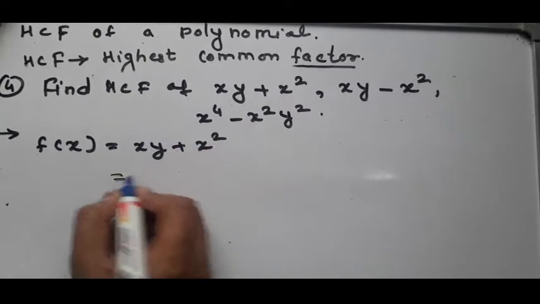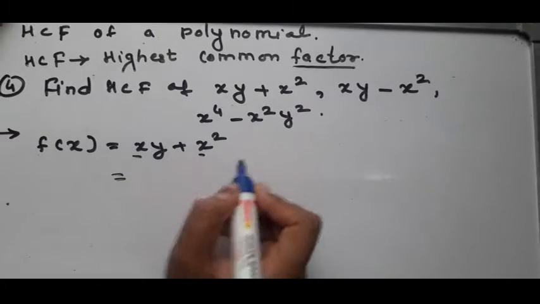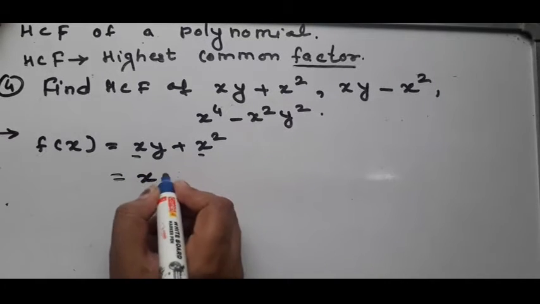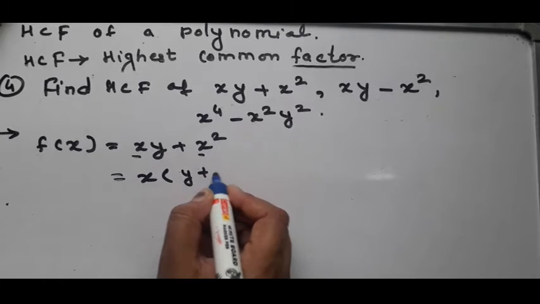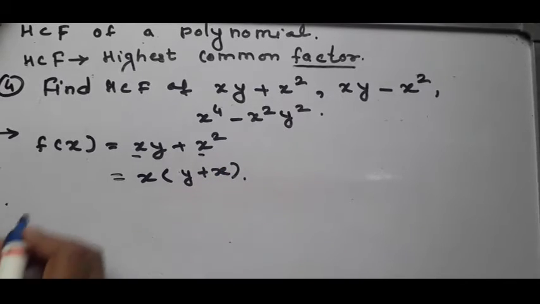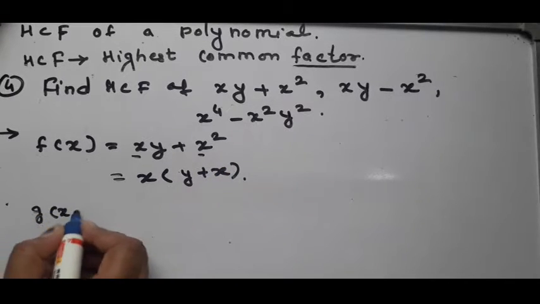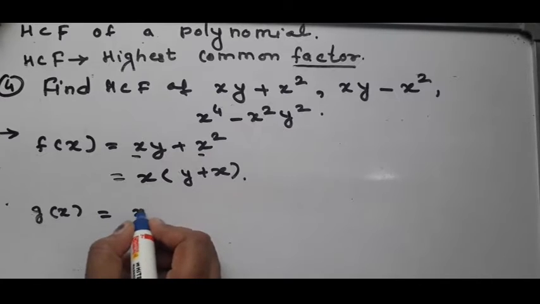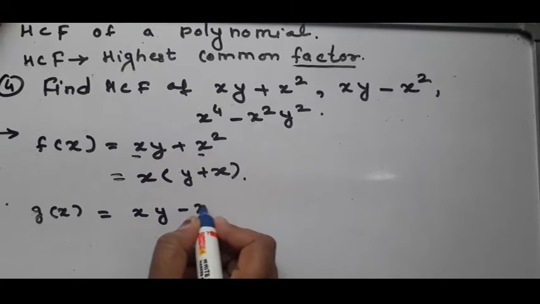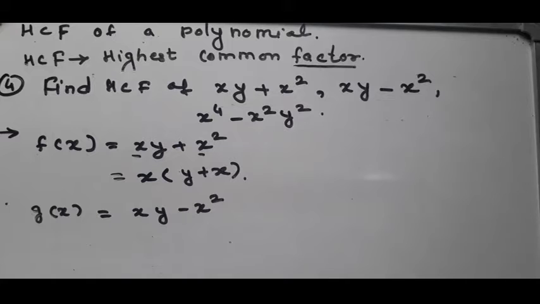You can clearly observe that you can take x common from them. x times, you will get y plus x. Second term is g of x. We will take it equal to xy minus x square.